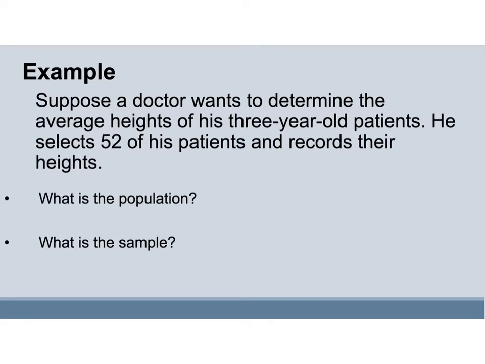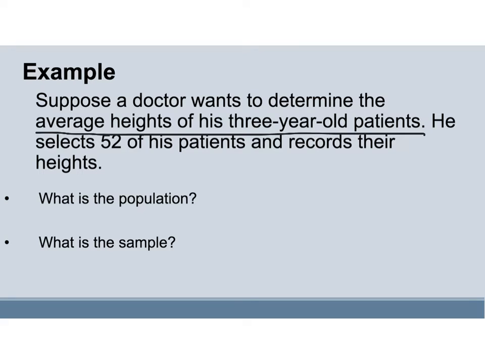Okay, so we've got, suppose a doctor wants to determine the average heights of his 3-year-old patients. He selects 52 of his patients and records their heights. What is the population? Well, again, let's look for the question. He wants to determine the average. Okay, so the population would be the average heights of his 3-year-old patients.